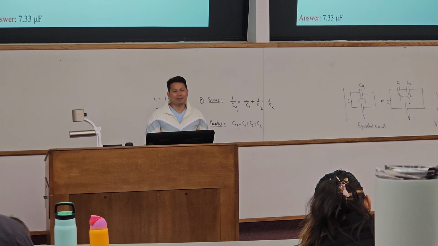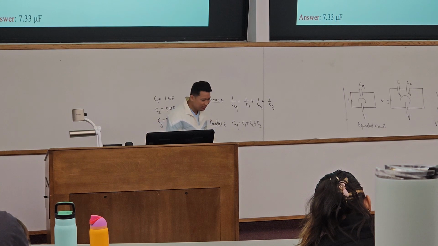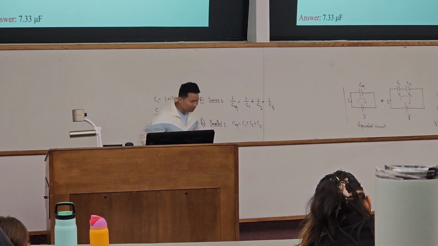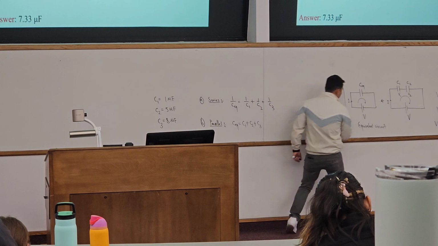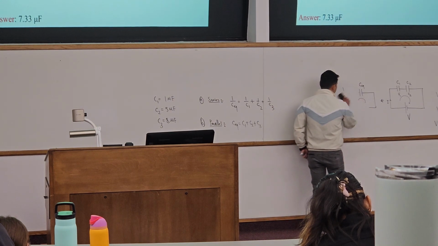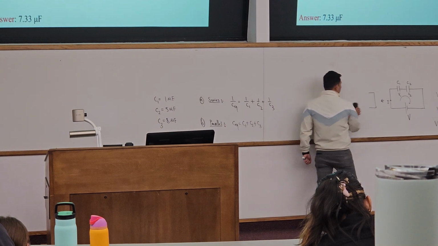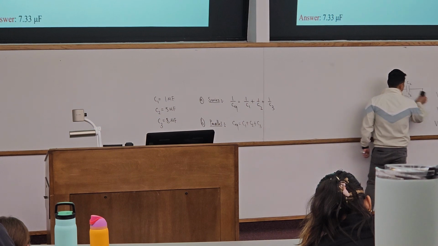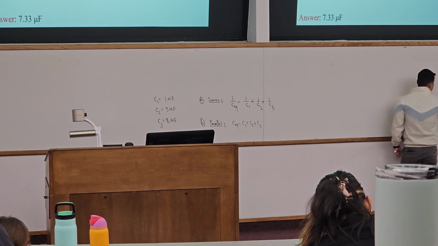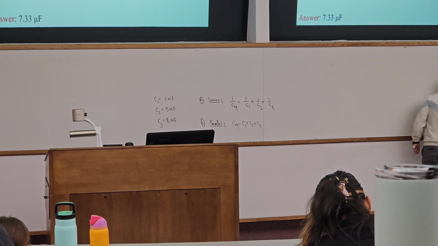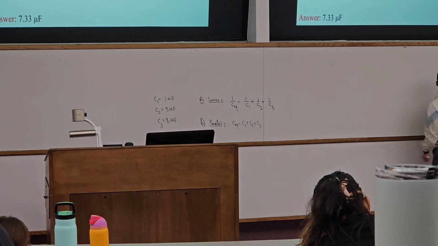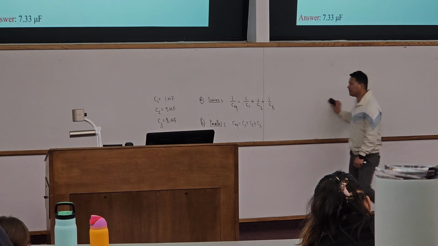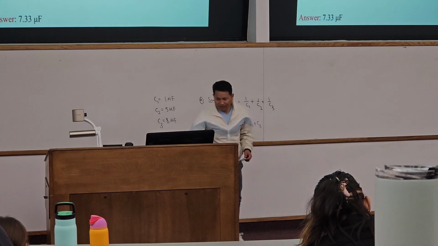This is a little bit more difficult than the previous problem. What do you think? How can I do it? Let me draw this one. We have the capacitors given like this, in a combination like this. You need to find the equivalent.